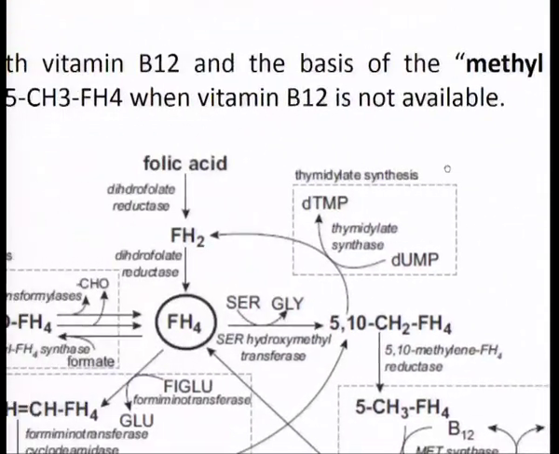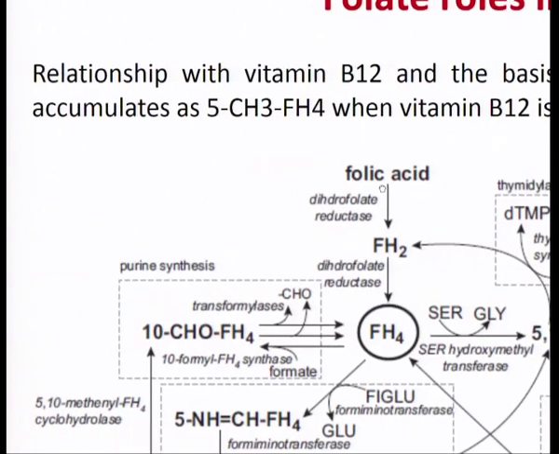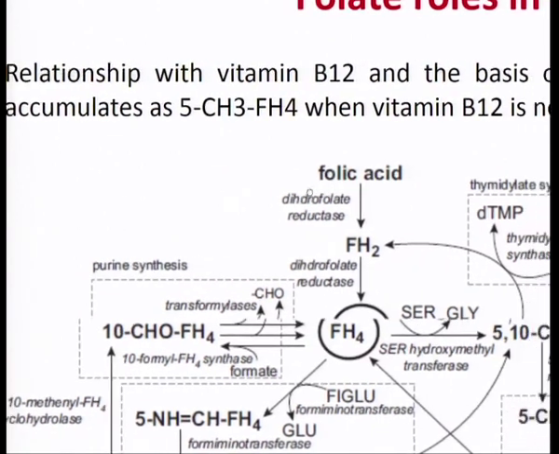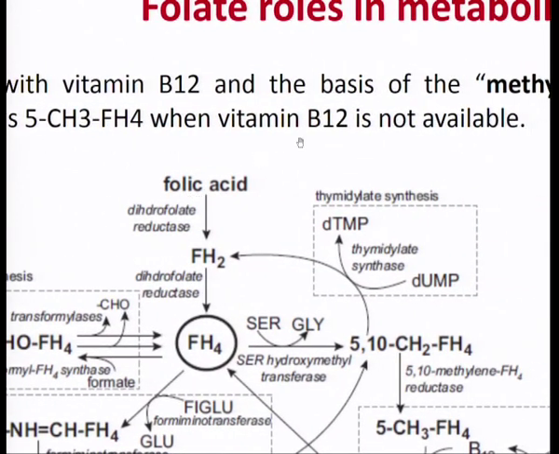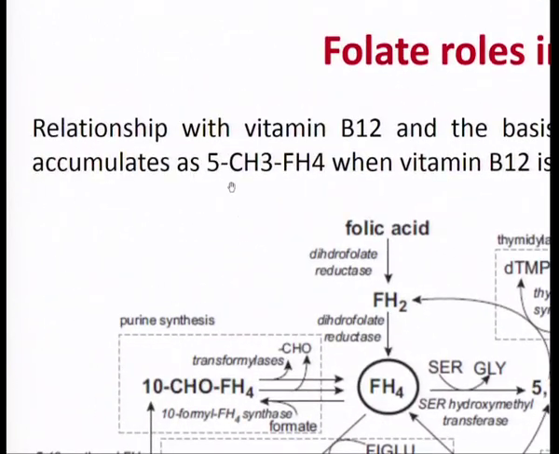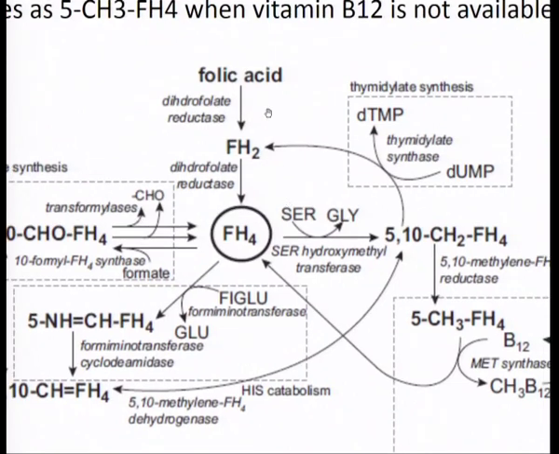Here we find how folate accumulates as 5-methyl tetrahydrofolate when vitamin B12 is not available. So, you see vitamin B12 deficiency is so closely linked with folic acid metabolism. Here folic acid is getting converted to dihydrofolic acid.